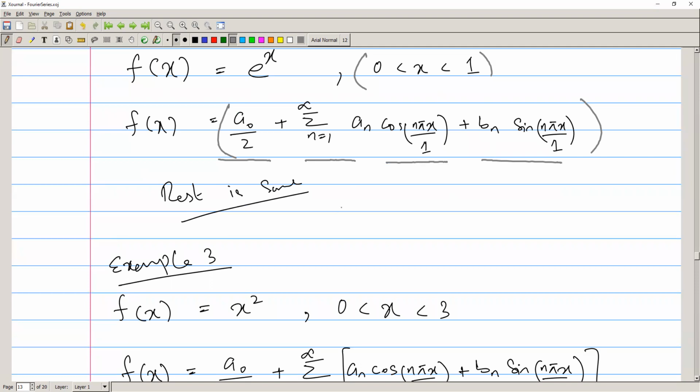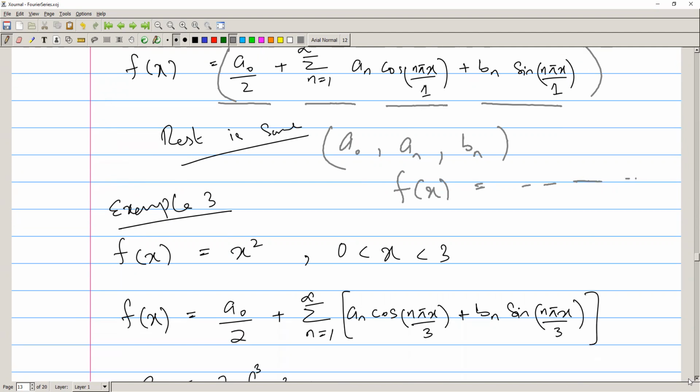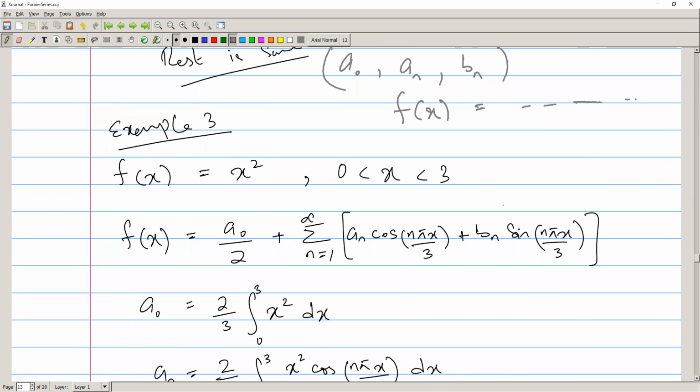We'll find a naught, a n, b n in the similar manner, and then we will write the final form in the series form. So you can solve it.